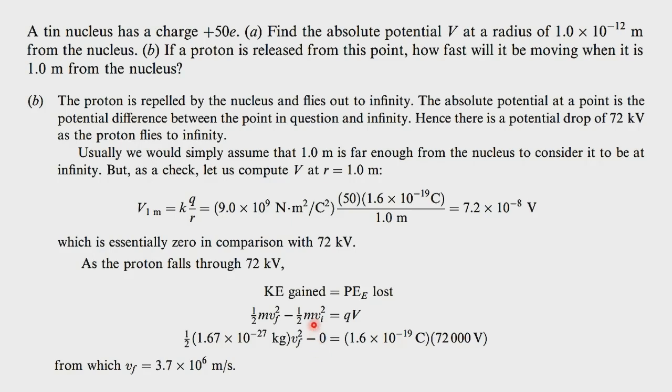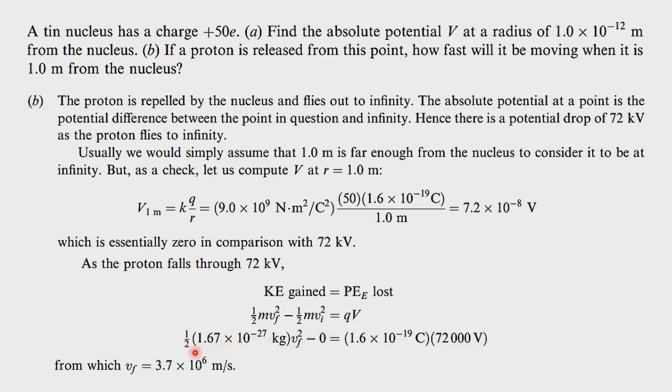To calculate it, our Q times V is 1.6 times 10 to the minus 19 coulomb for the elementary particle, because we're talking about a proton here, multiplied by the voltage experienced by that particle at the nucleus, which is 72,000 volts or 72 kilovolts.